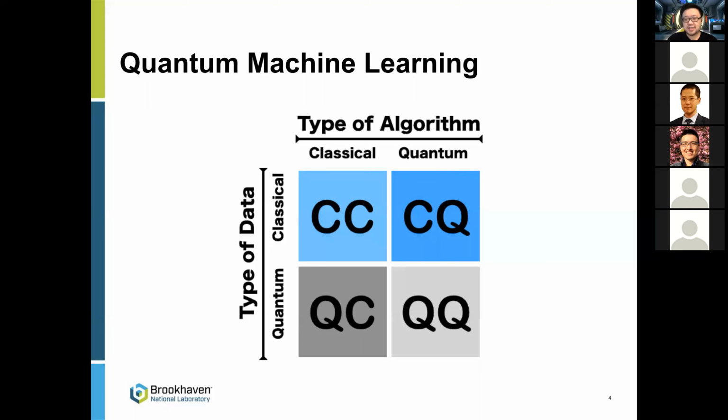In addition, we don't have a very powerful quantum machine at the moment, so it is very hard to directly process this quantum information. In this talk, I will mainly cover the CQ part, namely using quantum machine learning algorithms to learn the distribution from classical data.